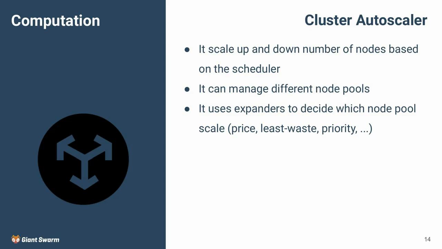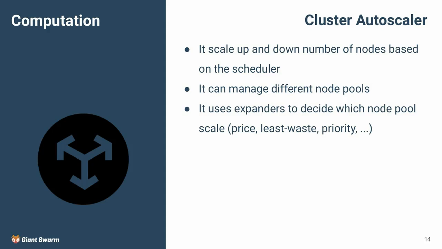There are different types of expanders like least-waste, priority, or price. And depending on that, it will choose one pool or the other. If you set, for example, price, which is available in Google, it will try to add the least cost possible. In least-waste, it will try to take an option that will waste the least resources possible. Priority is something that you can select. So yeah, you have different possibilities here on how to decide how the autoscaler will grow your cluster.